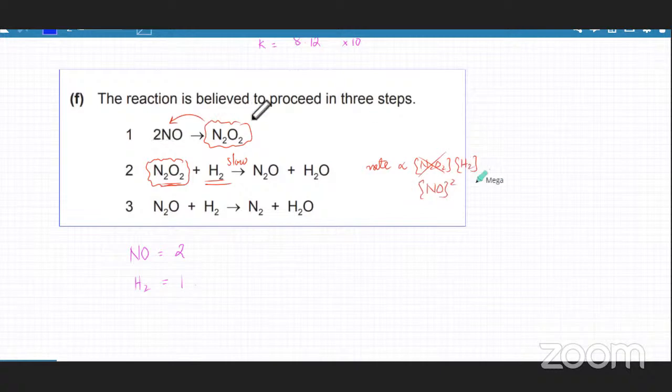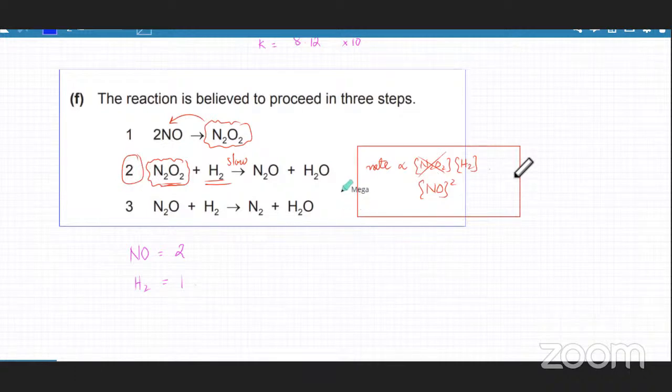Because N2O2 is dependent on NO's concentration but power 2. And that exactly gives us the right rate equation, which means the second step was the one that was the slowest. Okay? And that's how you're going to do it.